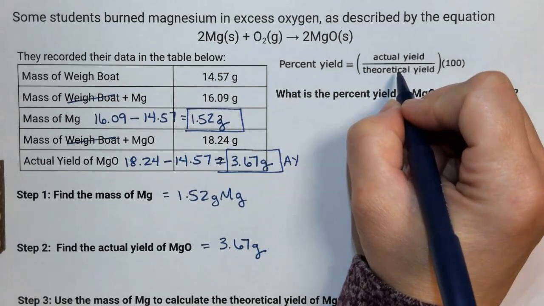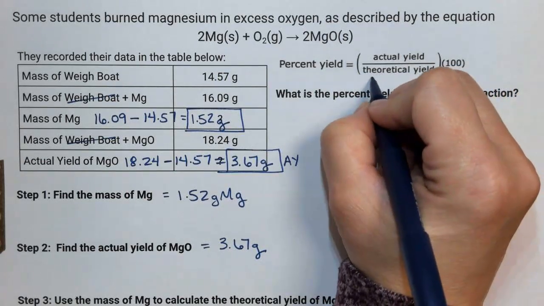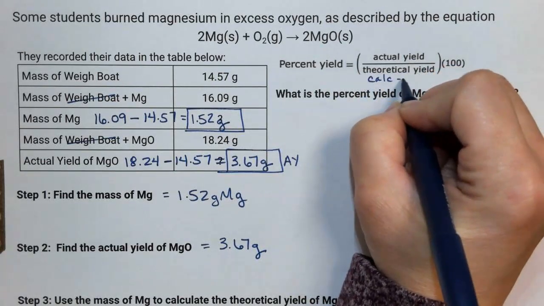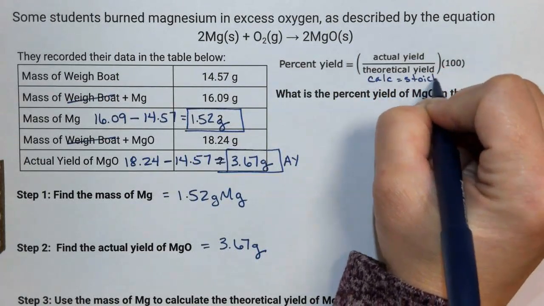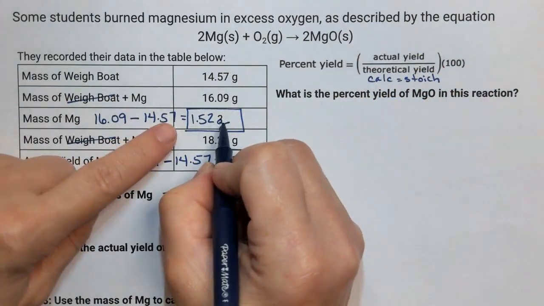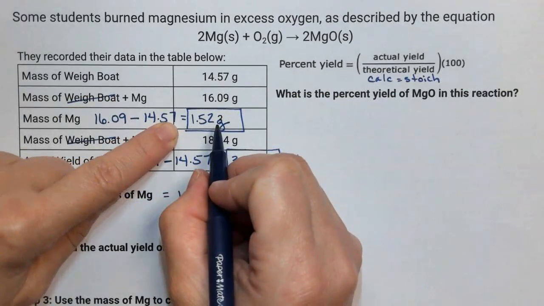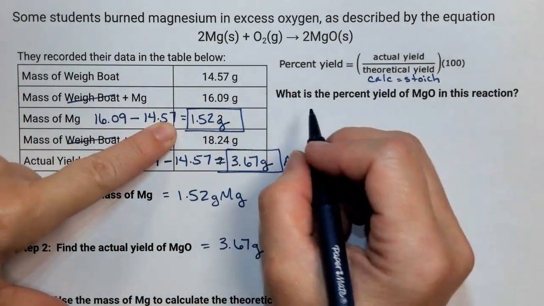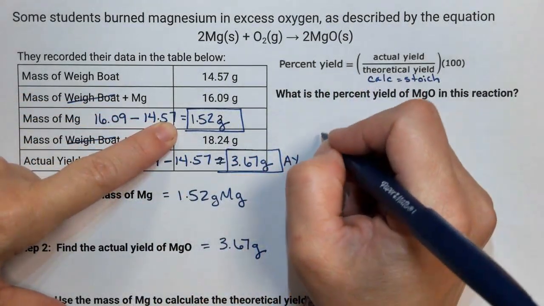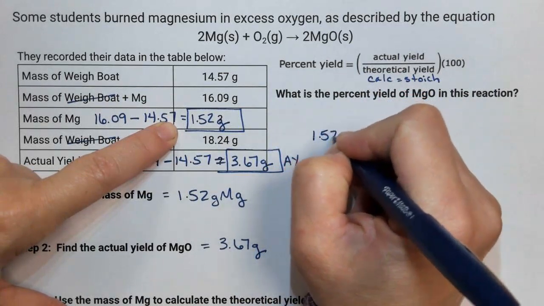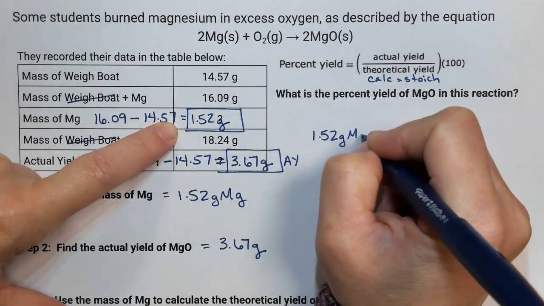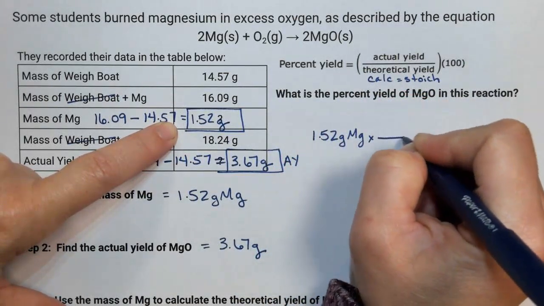And to get a theoretical yield, we have to do a calculation with some stoichiometry. So, I'm going to use this mass of magnesium to calculate the theoretical yield. So, 1.52 grams of magnesium times, draw a line.